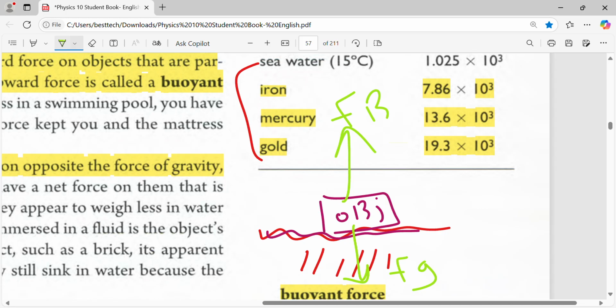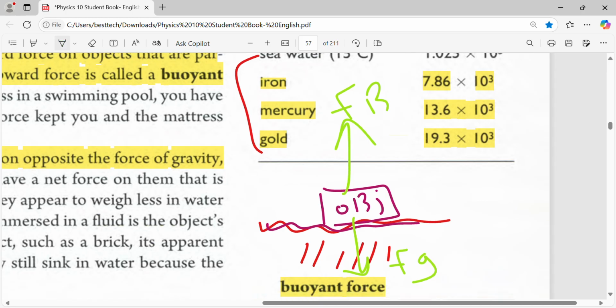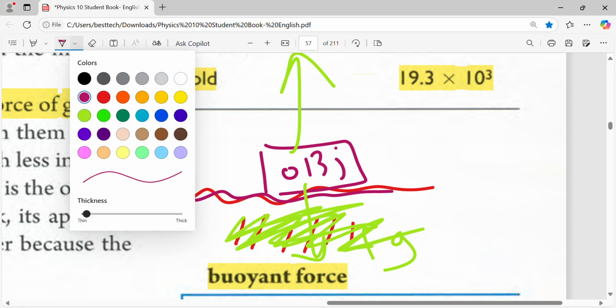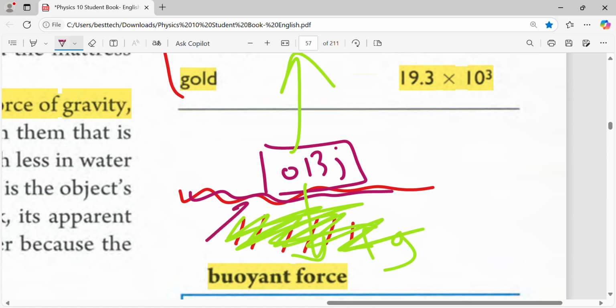But what's the meaning of buoyant force? Guys, actually buoyant force here is the force of the water that pushes the object to stay on the surface of the water, so it does not sink. So now we understand buoyant force is the force of the water.